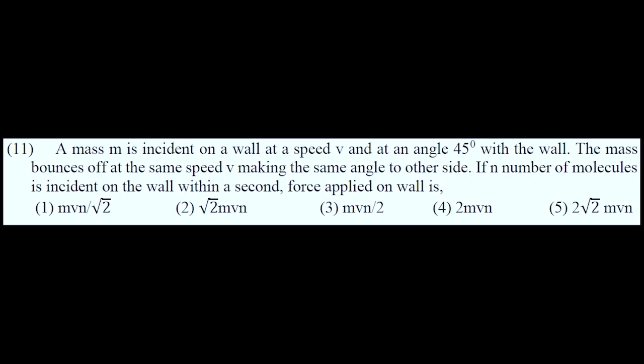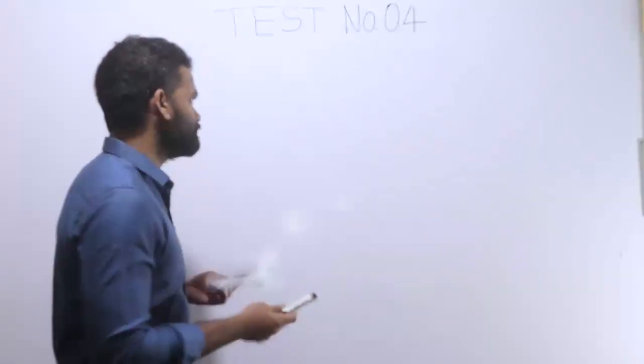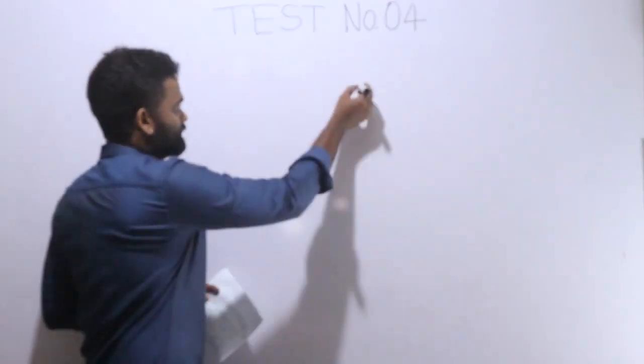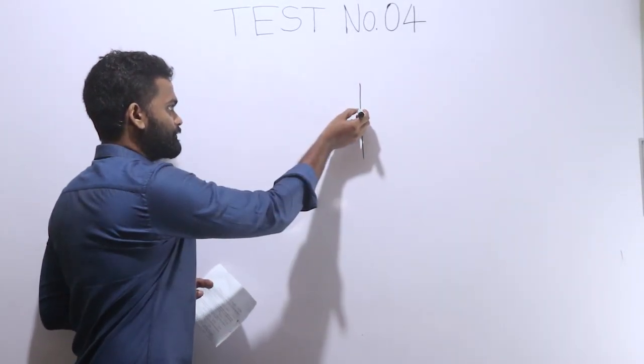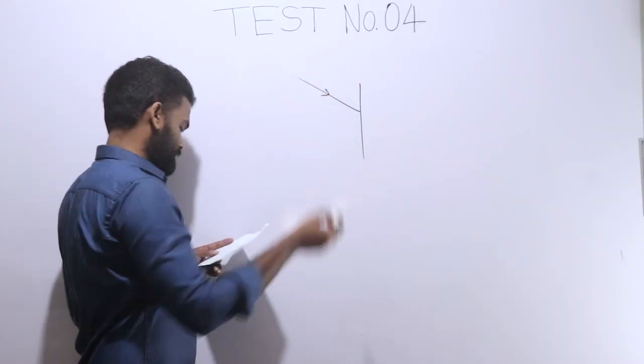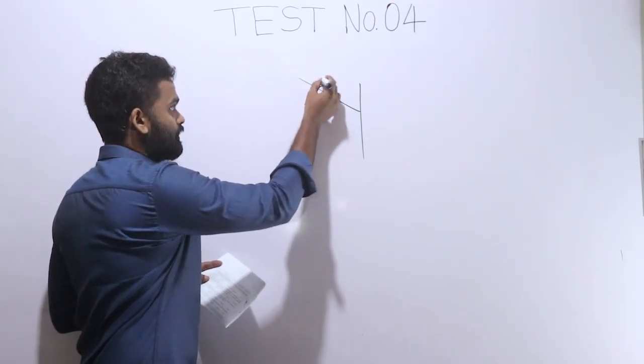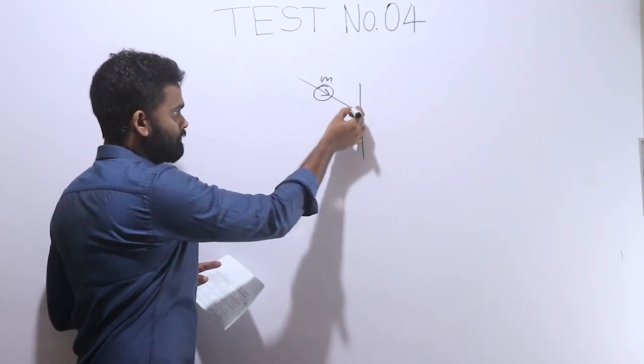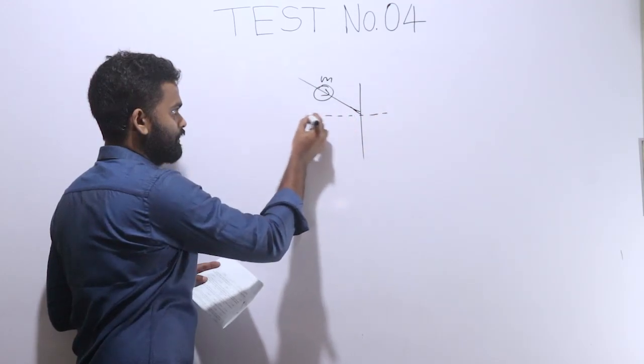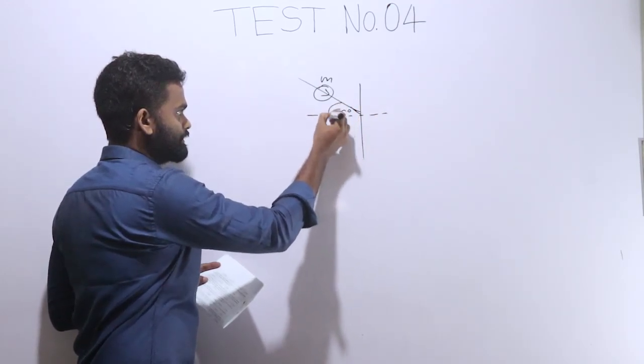A mass M is incident on a wall at speed V at an angle of 45 degrees with the wall. So let's say this is the wall. A mass, simply M, is incident on the wall making an angle of 45 degrees.